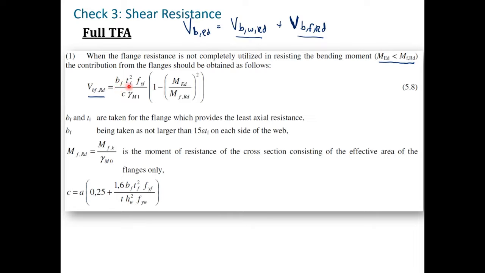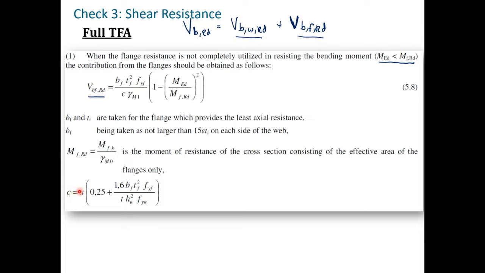You have the width of the flange, thickness of the flange. FYF is the yield strength of the flange. C is a factor, where A is the distance between the stiffeners, BF is the width of the flange, TF is the thickness of the flange, FYF is the yield strength of the flange, FYW is the yield strength of the web, HW squared is the height of the web squared, and T is the thickness of the web.